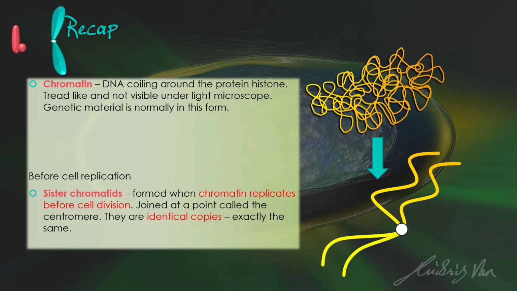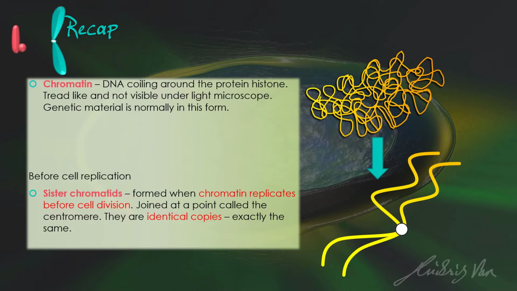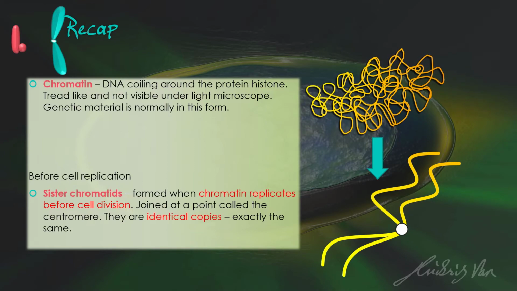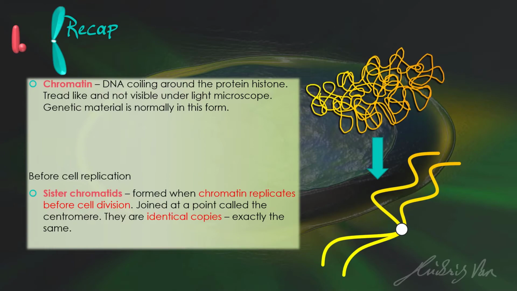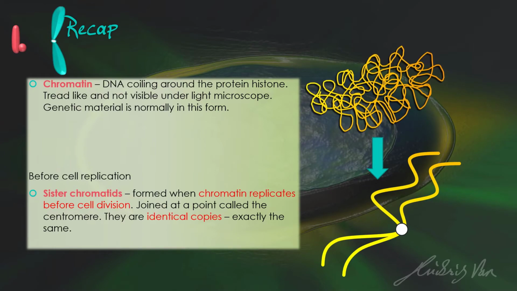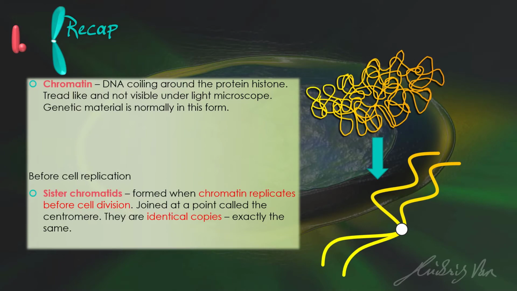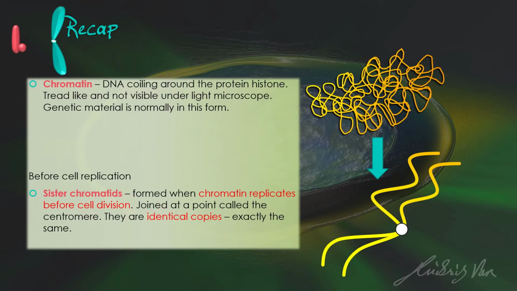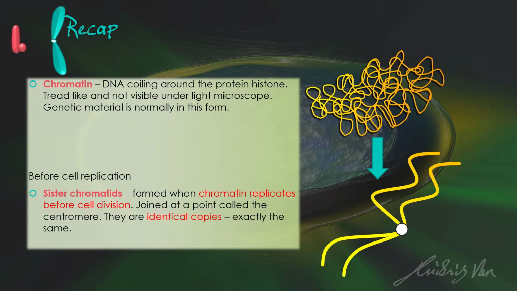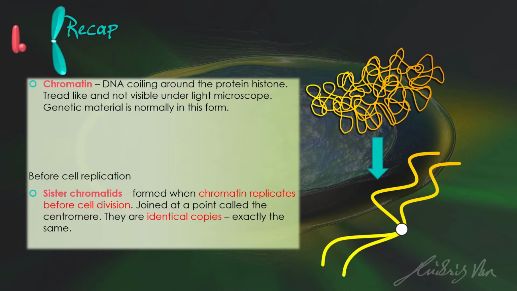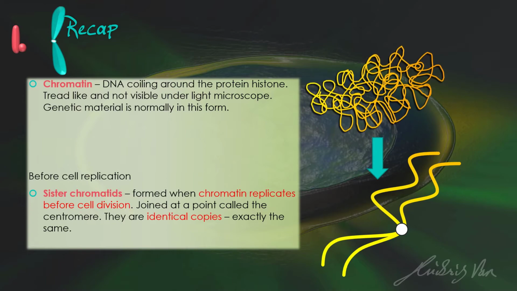So it will have another copy, and these two copies of the same chromatin will form sister chromatids. So just take note of the difference in spelling. One is chromatin, one is chromatids or sister chromatids. They are identical. They are exactly the same because it is an exact copy.